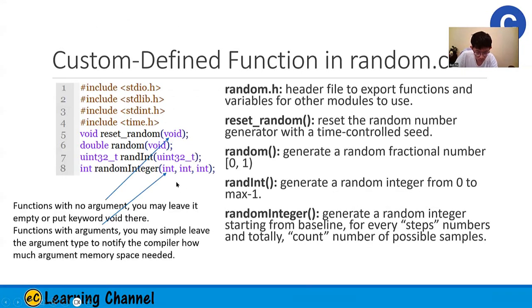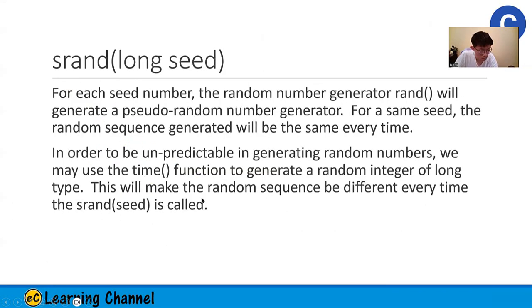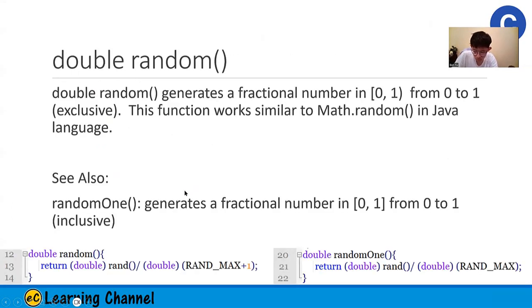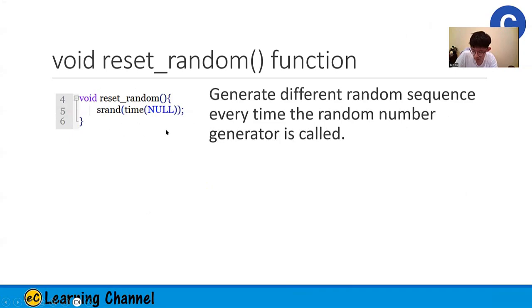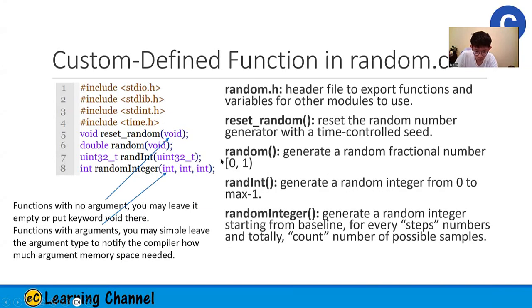Okay, so you include these different things, then there is a random function, random integer function, and random range function. To reset the random number generator, you do srand with time NULL. Okay, that will reset your random number generator.